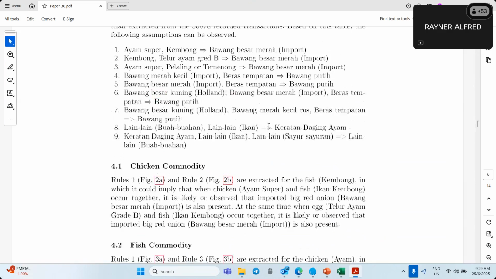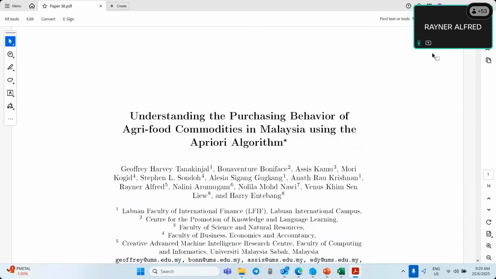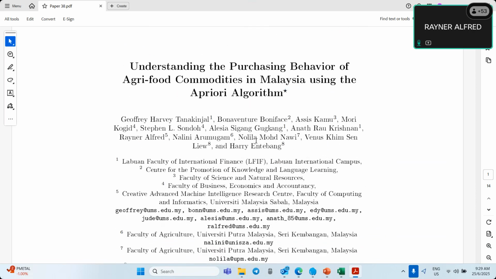This is the work that we did for the whole of Malaysia. We collected the data from the 13 states. What we want to do is look at the purchasing behavior of agri-food commodities.